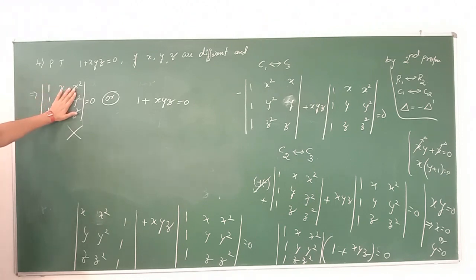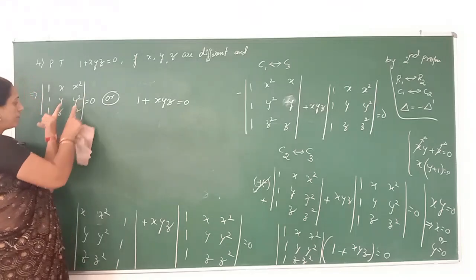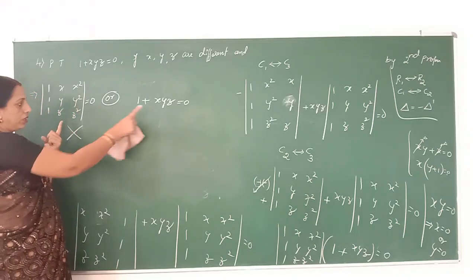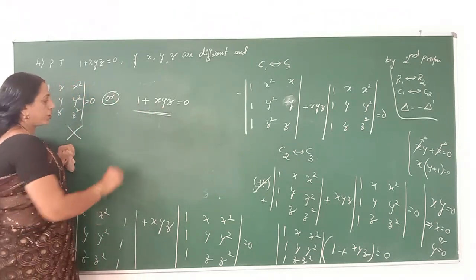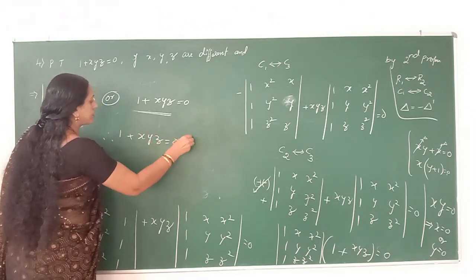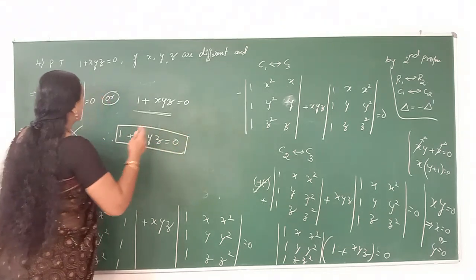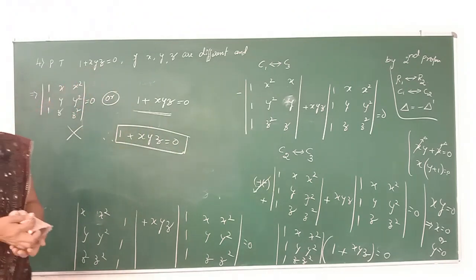Such an element gets neglected. Since either one of them must be 0 and the first element is not equal to 0, the second element must be equal to 0. Therefore 1 plus x into y into z equal to 0. This is the proof of the given result. So, 1 plus xyz equal to 0.